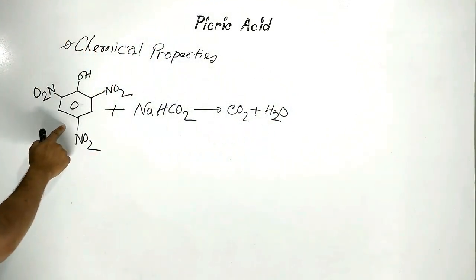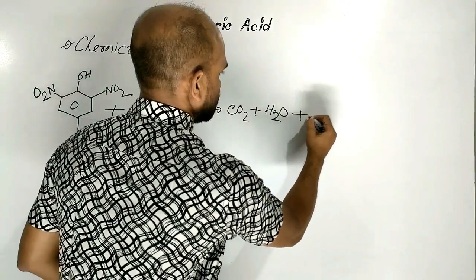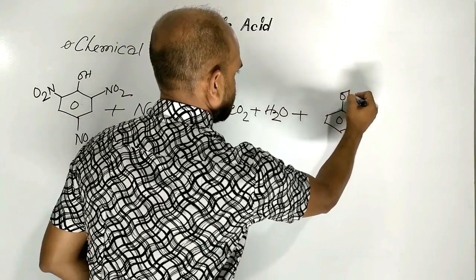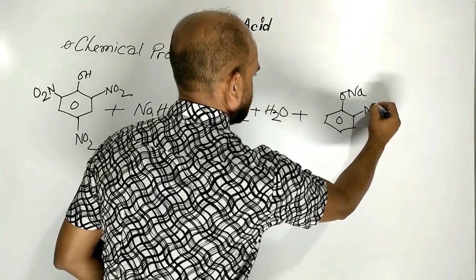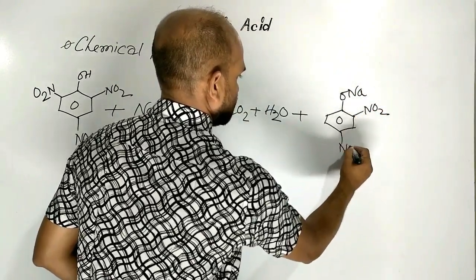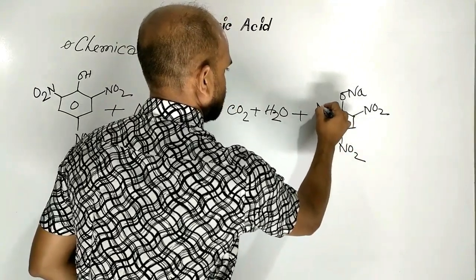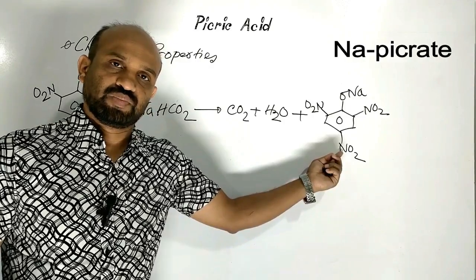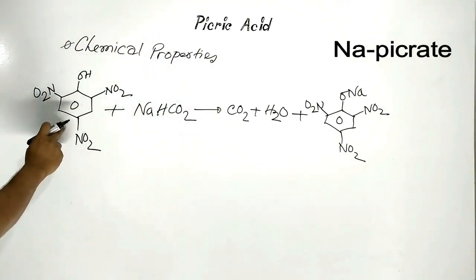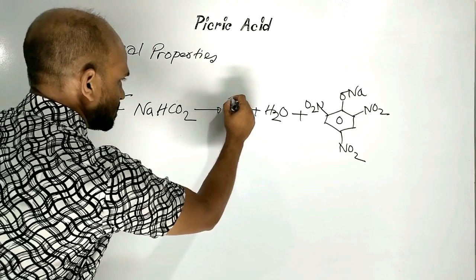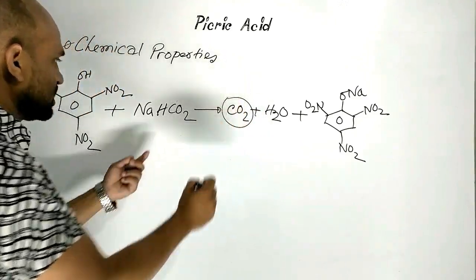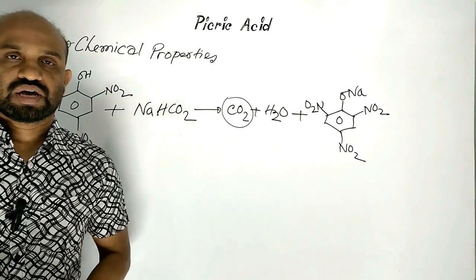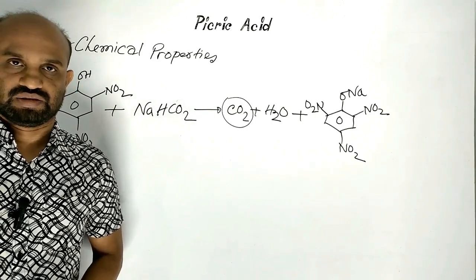Then picric acid converts to sodium picrate. Here, this is sodium picrate. Picric acid produces carbon dioxide reacting with sodium bicarbonate. It shows acidic nature of picric acid.